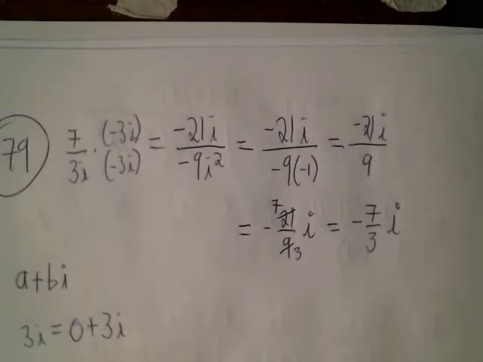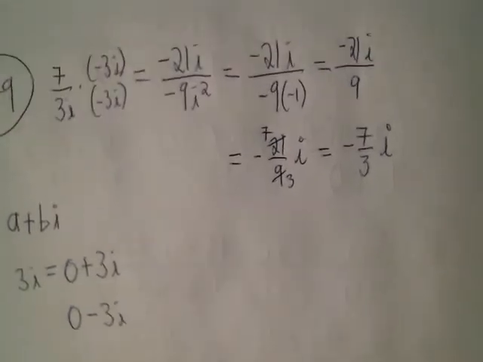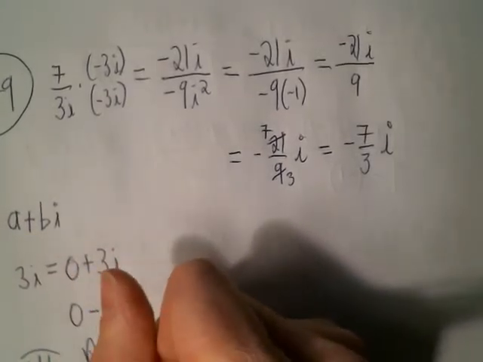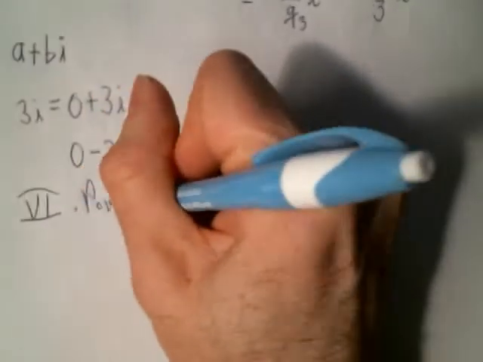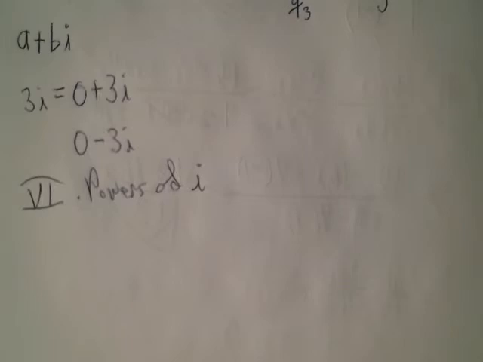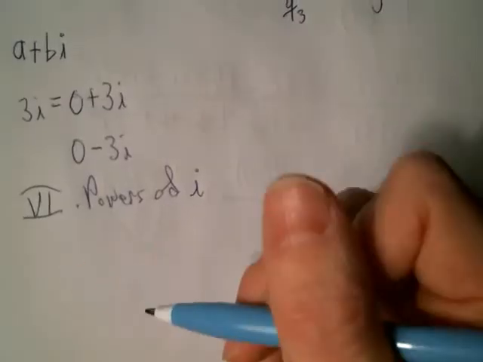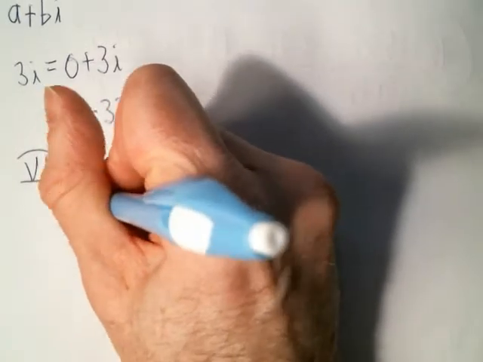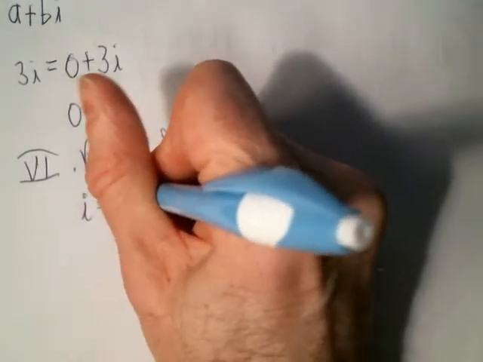Look, one last topic in this section, looking at powers of i. Okay, and there's a pattern that happens here. Note what happens if I keep taking consecutive powers of i.